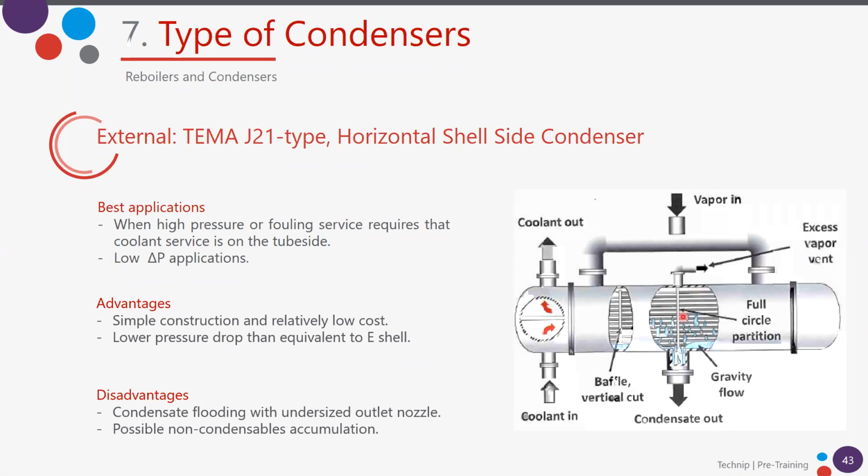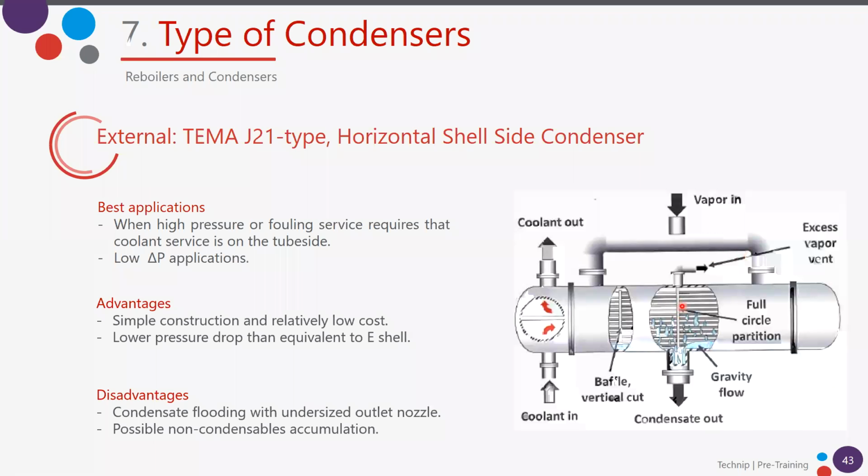So we have this partition because we have one velocity here and one velocity here. Usually it will be the same, but this shell side fluid and this shell side fluid shall not be mixed because they are already separated. What we want is that the condensate goes down and the non-condensables go up.